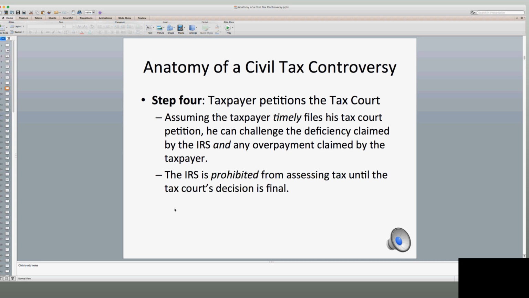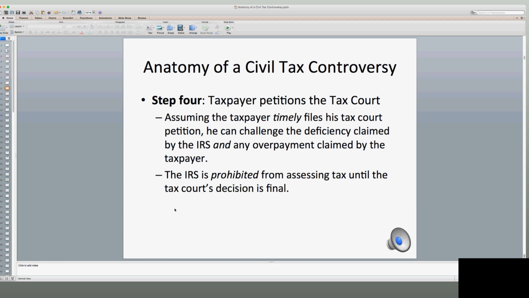Now, in step 4, we're going to assume here that the taxpayer files a timely petition to the tax court. Assuming he does, he can challenge the deficiency. Remember what the deficiency is: the amount that the IRS believes that the taxpayer owes minus the amount that the taxpayer self-reported.